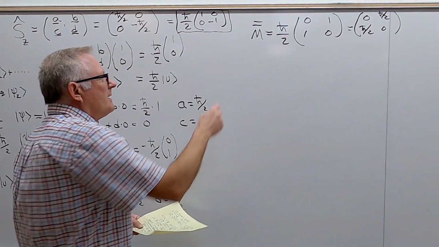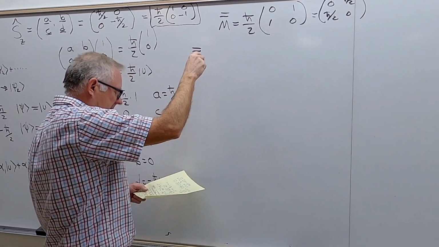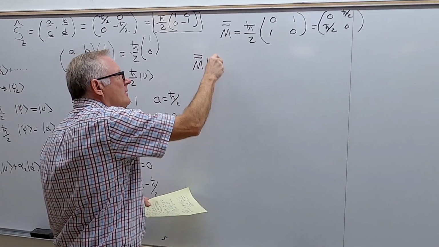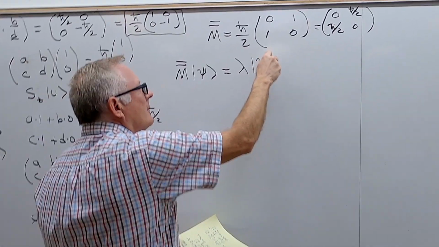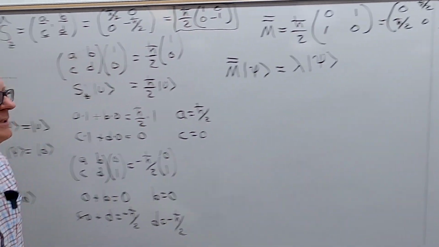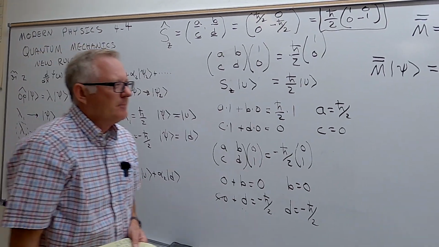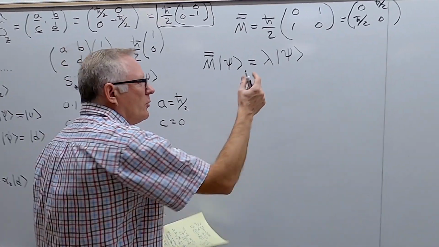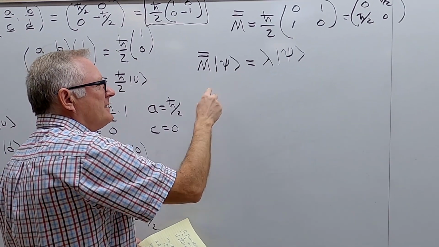And so what do we want to solve? We want to solve M times my wave function equals lambda times the wave function. Remember, we solved this before. We're just going to do it again to get a little more practice. So what was the rule here? First, you take this and bring it over to the other side and factor out the psi.